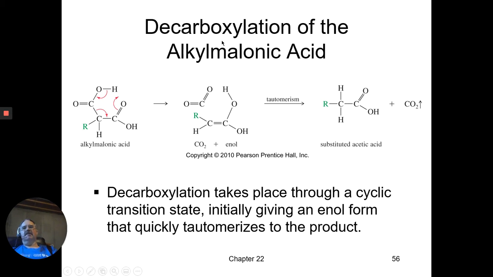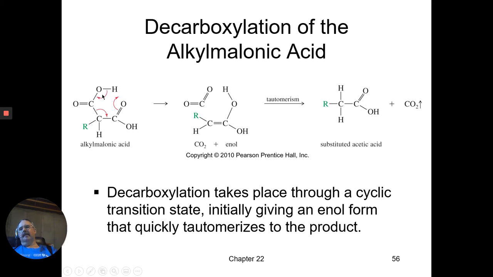Okay, this is the mechanism of decarboxylation. That means loss of carbon dioxide. This goes through a cyclic mechanism. Okay, oxygen picks up a hydrogen from the other carboxylic acid.